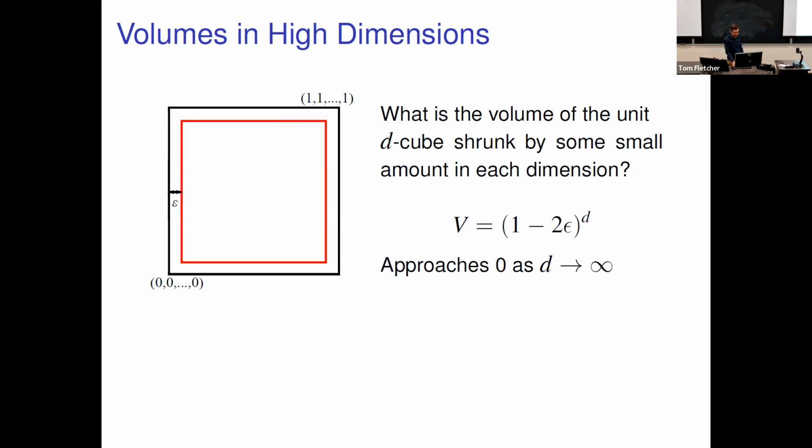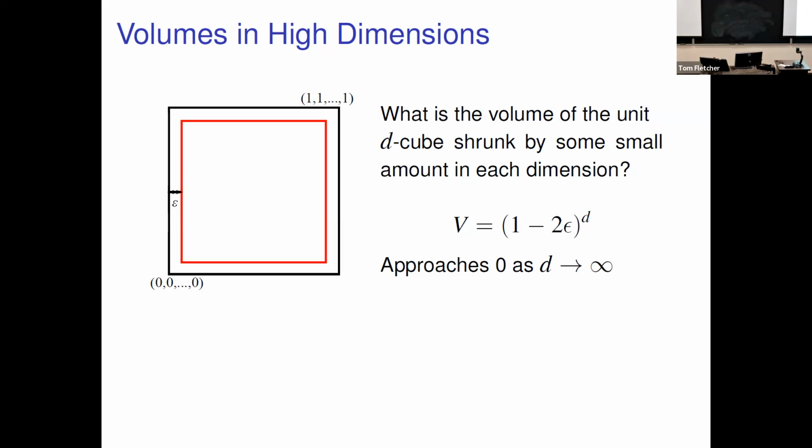Sorry, it should be 1 minus 2 epsilon to the d. I think someone back there caught that. Notice that this is a number less than 1. You can say it's 0.999999, as close to 1 as you want, but slightly less than 1.